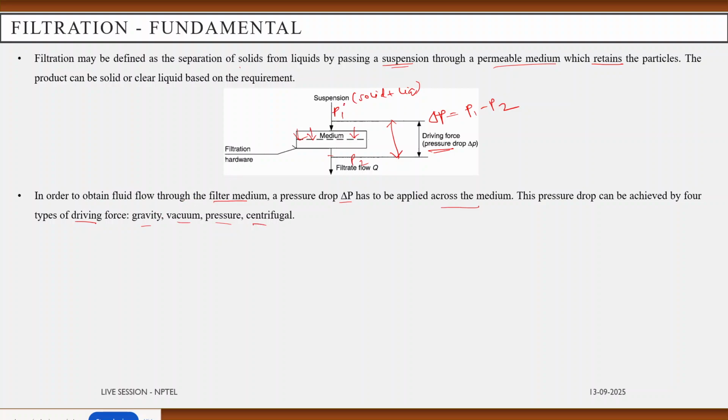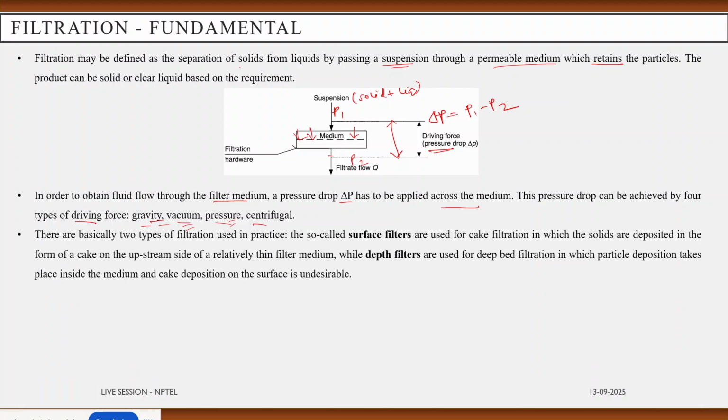The simplest form of filtration that I just discussed can be an example of gravitational force, vacuum force or pressure driven force. There are basically two types of filtration used in practice: surface filtration and deep bed filtration.